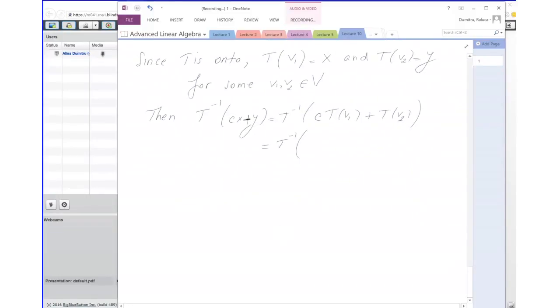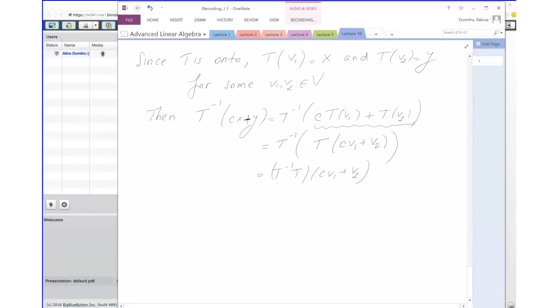Okay, but T was linear, so you can move everything inside T, and it's going to look like T of cv1 plus v2. Okay, but this is just T inverse composed with T applied to cv1 plus v2.